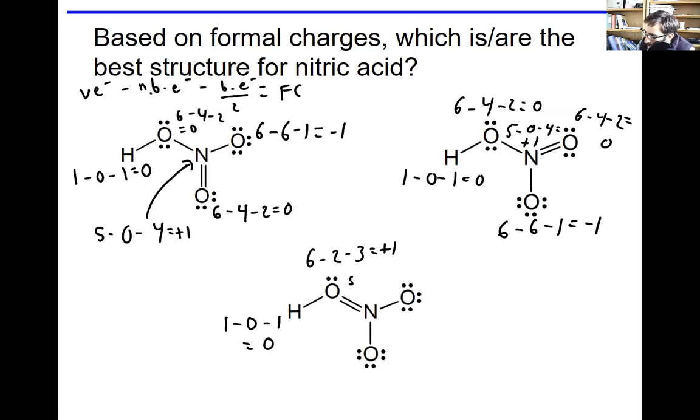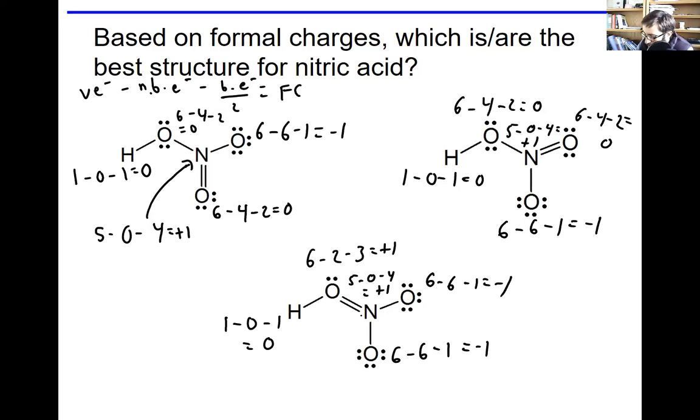Nitrogen in the center there, 5 valence electrons, 5 minus 0 non-bonding, minus 4 bonds, +1. Oxygen here, 6 minus 6 non-bonding, minus 1 bond, -1. And oxygen here, 6 minus 6 minus 1, -1. Did we do this right? -1 plus -1 is -2. -2 plus 1 plus 1 plus 0 is 0. So yes, we did it right.